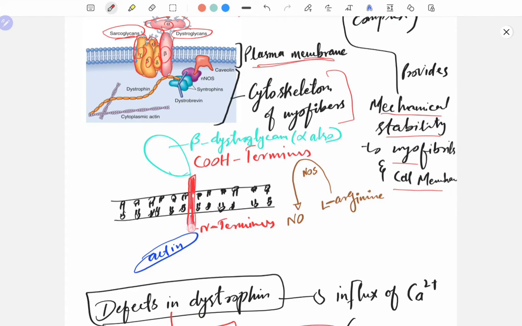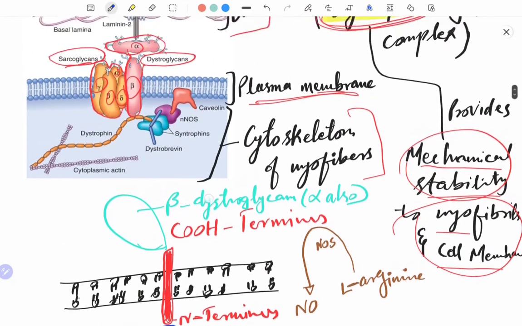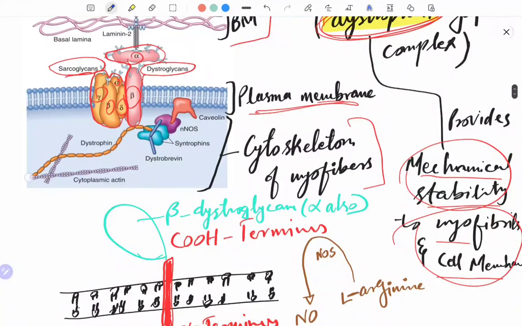This is the dystrophin protein, and it's a transmembrane protein. The function of dystrophin, as we have discussed, is to provide mechanical stability to the myofibrils and cells. It supports the cell. You can see here this is the actin filament, and this is the dystrophin protein, which in the cytoplasm is joined at one end to the actin filament, and the second end is joined to this protein.